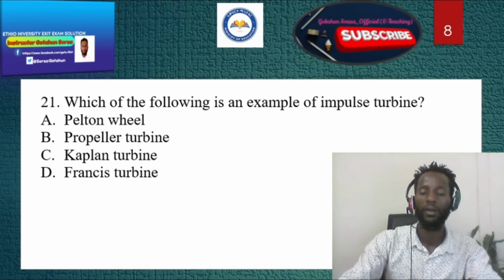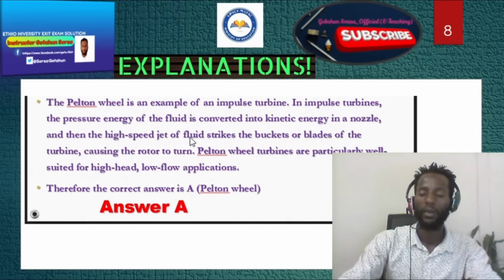Let's go to the next question. Which of the following is an example of impulse turbine? A, Pelton wheel, B, propeller turbine, C, Kaplan turbine, D, Francis turbine. The correct answer is the Pelton wheel.